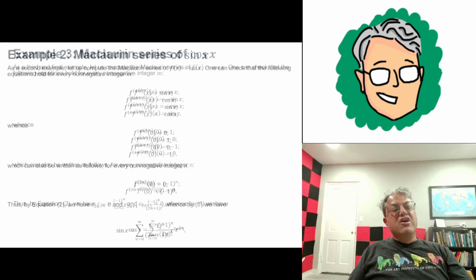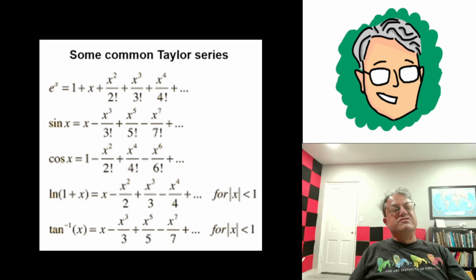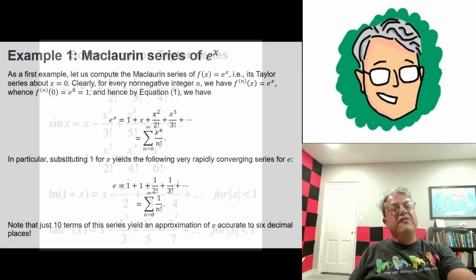And if you do this term by term, you get what I showed on this slide here: 1 minus x squared over 2 factorial plus x to the 4th over 4 factorial minus x to the 6th over 6 factorial and so on.